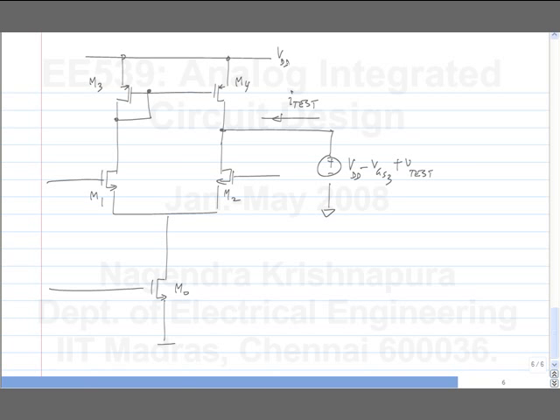So what is the output conductance of this? Output resistance of M4 in parallel with M2. So the output conductance is GDS1 plus GDS3. Okay. I mean, GDS1 is the same as GDS2 and GDS3 is the same as GDS4.